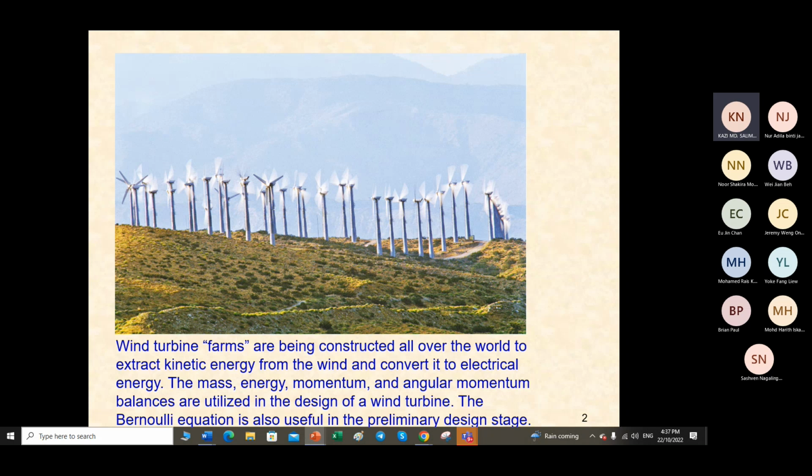And number two is that in this course, 50% is coursework and 50% is the final exam. Yes, so the final exam is 50% and coursework is 50%.